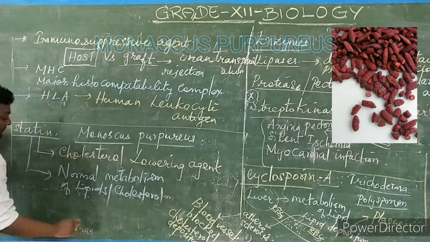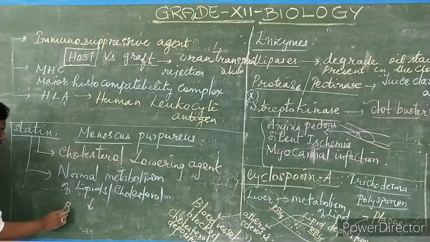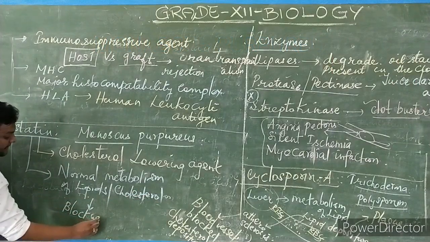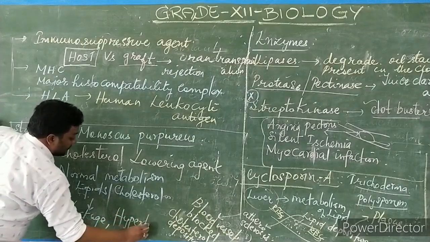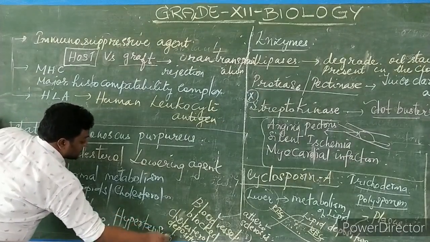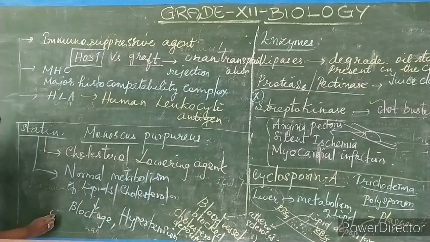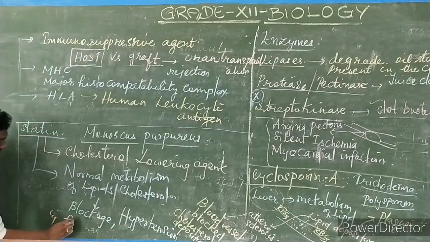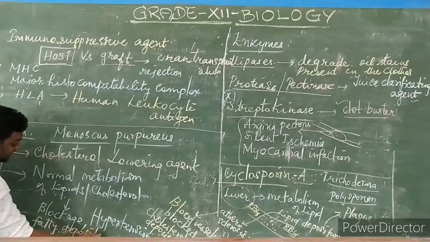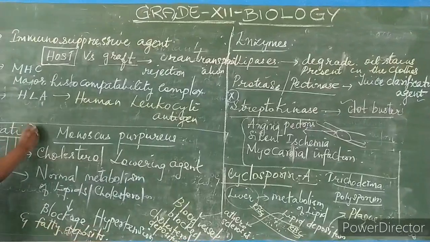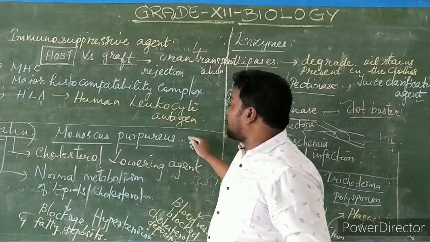So then, as a result, it prevents from the blockage, hypertension, BP, prevents from hypertension, and similarly from the blockages, and from the fatty deposits. So that is the statin. So statin is produced from Monascus purpureus.